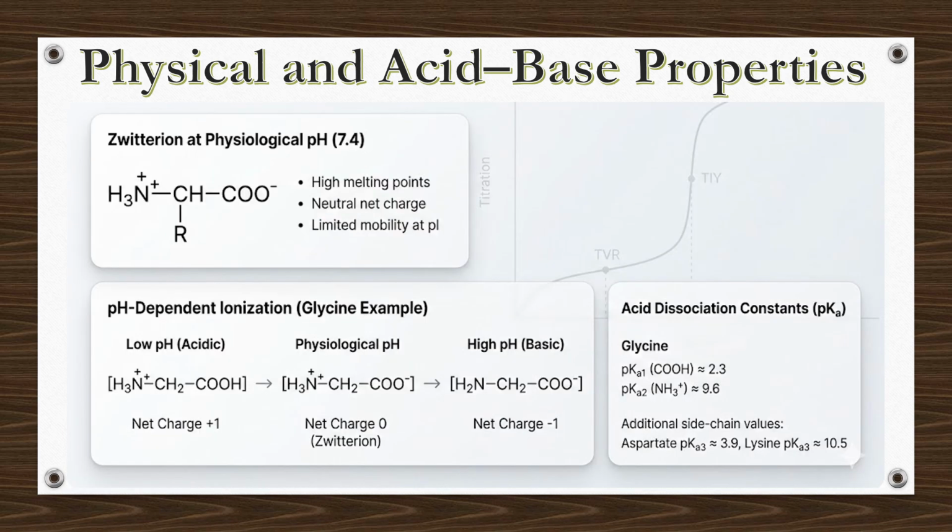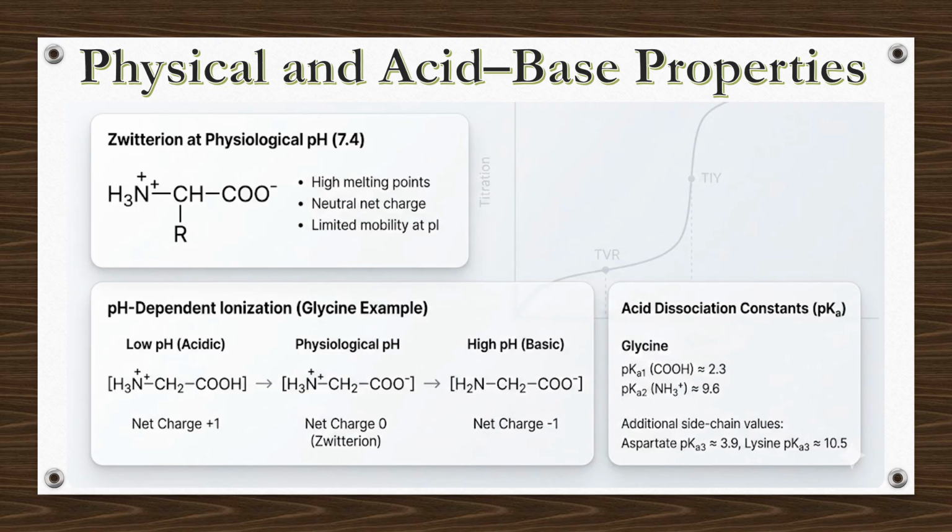Amino acids behave in a fascinating way depending on pH, and the key to understanding this is the concept of the zwitterion. A zwitterion is a molecule that carries both a positive and a negative charge at the same time, yet has no overall net charge. In water, amino acids rarely exist in a neutral form.